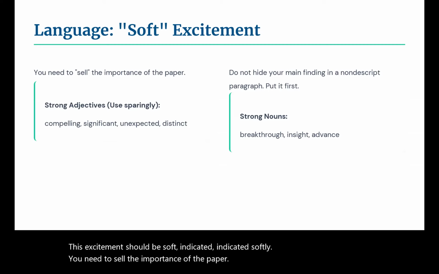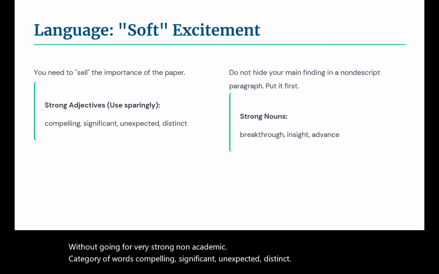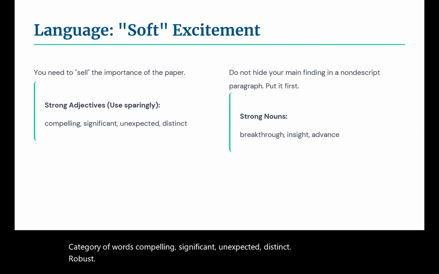So strong adjectives might do that without going for a very strong non-academic category of words. Compelling, significant, unexpected, distinct, robust, and such adjectives would do this excitement in your product selling.